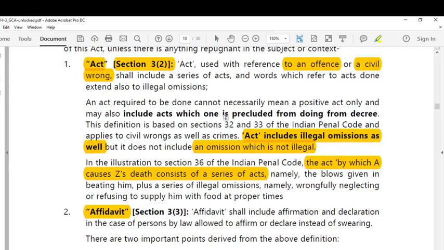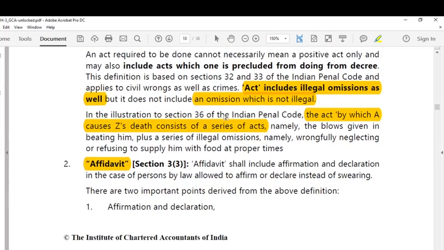We will see and discuss in depth the most important definitions. Affidavit is the most important definition that will come in your examinations, because affidavit is the word we commonly use, and even a common man, not required to be a businessman, uses it in day-to-day life.